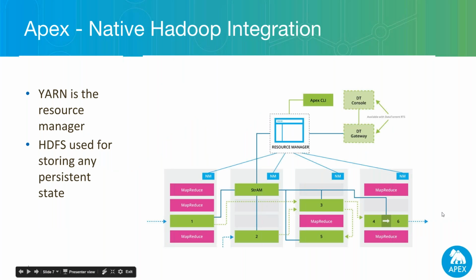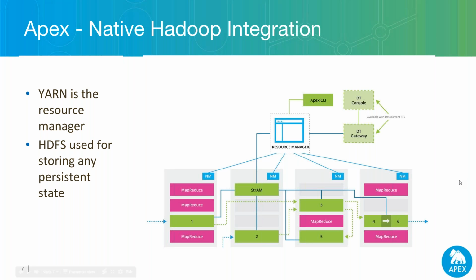Next is how Apex is a native Hadoop integration. Let's take a 4-node cluster. Once you run Hadoop, the resource manager will run on one of the nodes. And once you launch the application, the cluster looks like this. Here, the green rectangles represent the operators deployed on the containers.